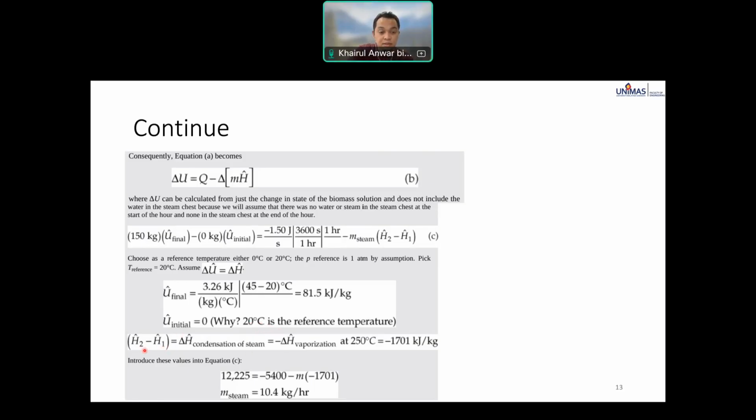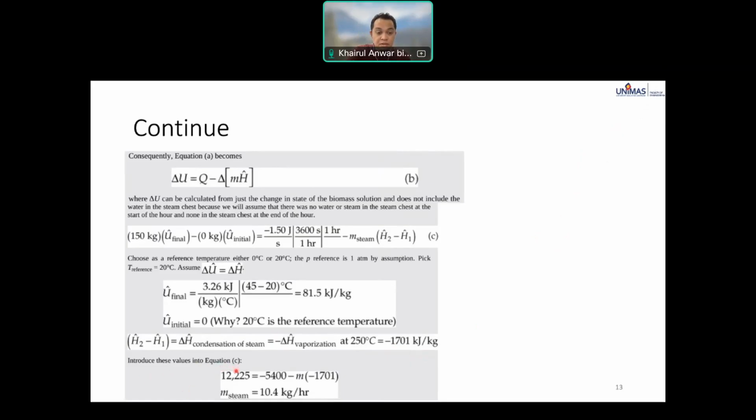Then H2 minus H1 equal to delta H condensation of steam equal to negative delta H vaporization at 250 degrees C, which is equal to negative 1701 kilojoule per kilogram.